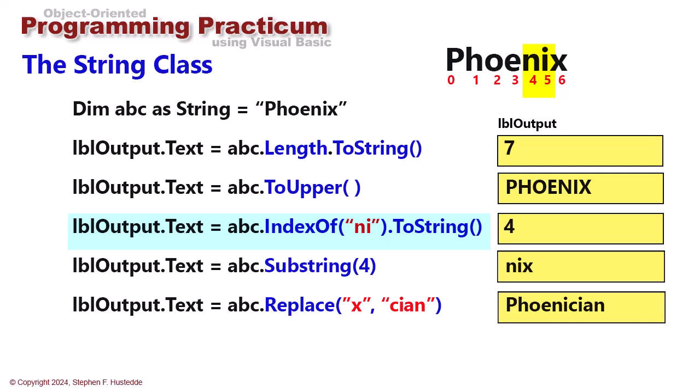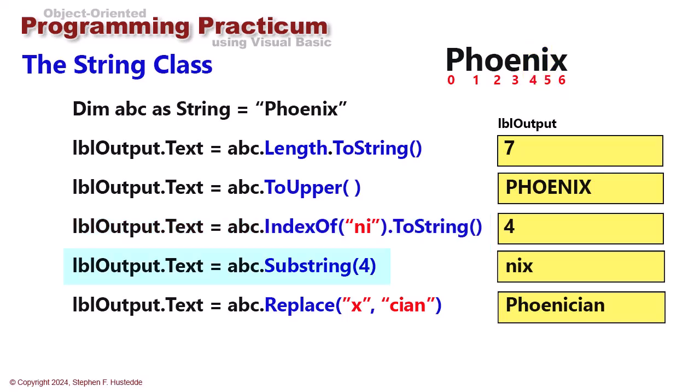So looking for the ni, you can see here that it is characters 4 and 5, or indices 4 and 5. It's going to return the first index value where it finds it. That is the 4. So we convert, it's an integer value, we're going to convert it to a string. We'll look at IndexOf in the next video. It becomes a very important part of working with strings.